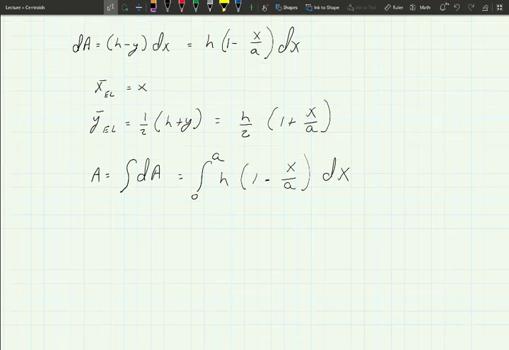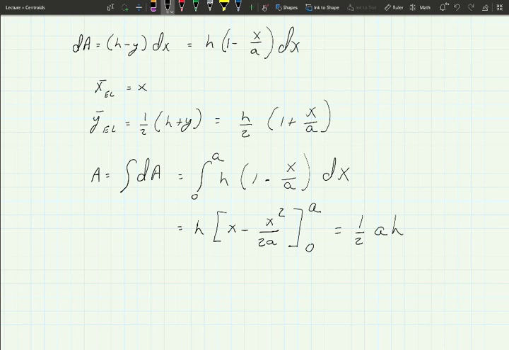We do the integration for that, and we're gonna get h times x minus x squared over 2a, a to the 0, equals 1/2 ah. Okay, so that's our area, which, believe it or not, is the 1/2 base times height for an area of a triangle. That's where that came from.